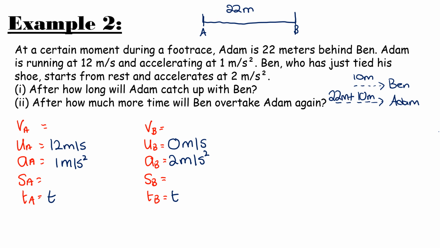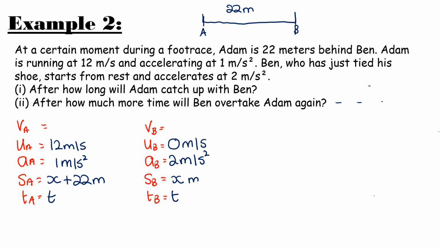So whatever Ben runs, and we're going to call that x, Adam will have run that plus 22 meters to catch up on Ben. That's how we're going to connect on a second variable. You're welcome to use S, but often we use x instead for displacement, especially if it's missing.